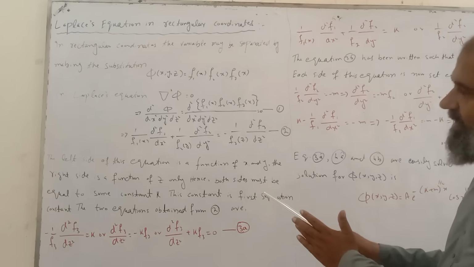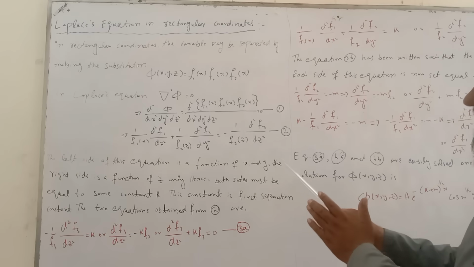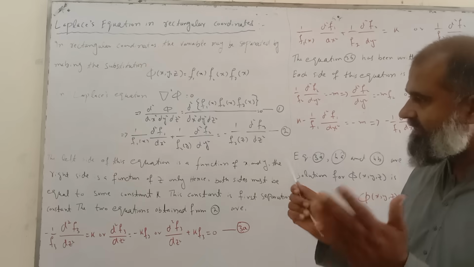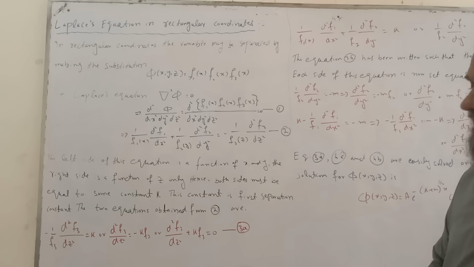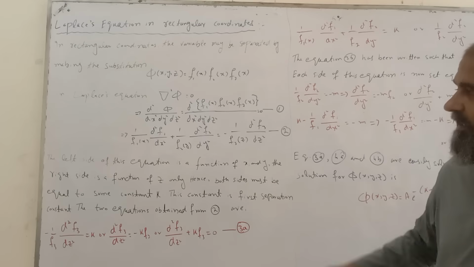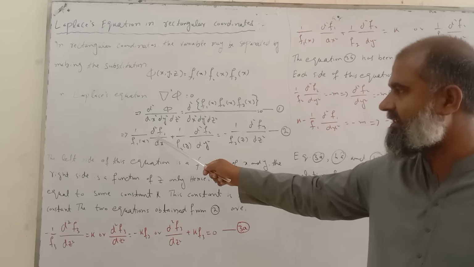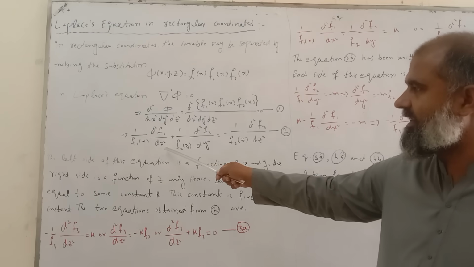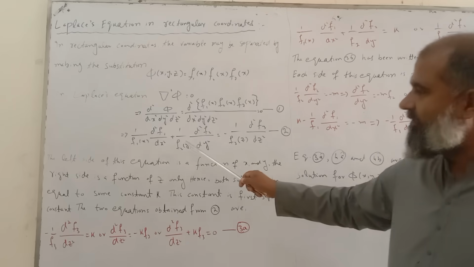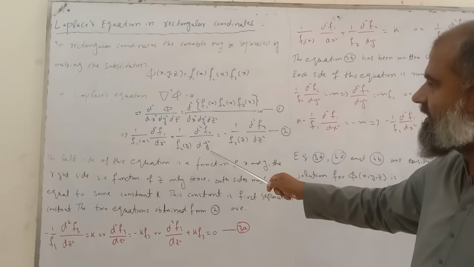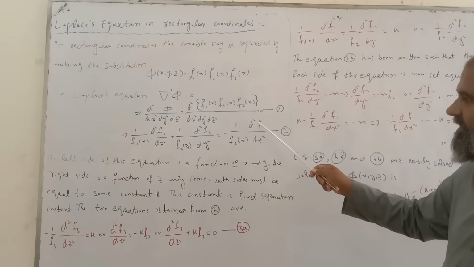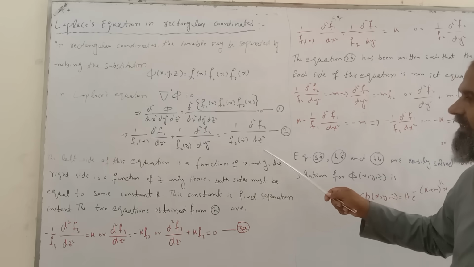After taking the derivative and separating it into 2 parts, one consisting of x and y components and the second consisting of the z component, it becomes 1 over f1 d square f1 over dx square plus 1 over f2 d square f2 over dy square is equal to minus 1 over f3 d square f3 over dz square.